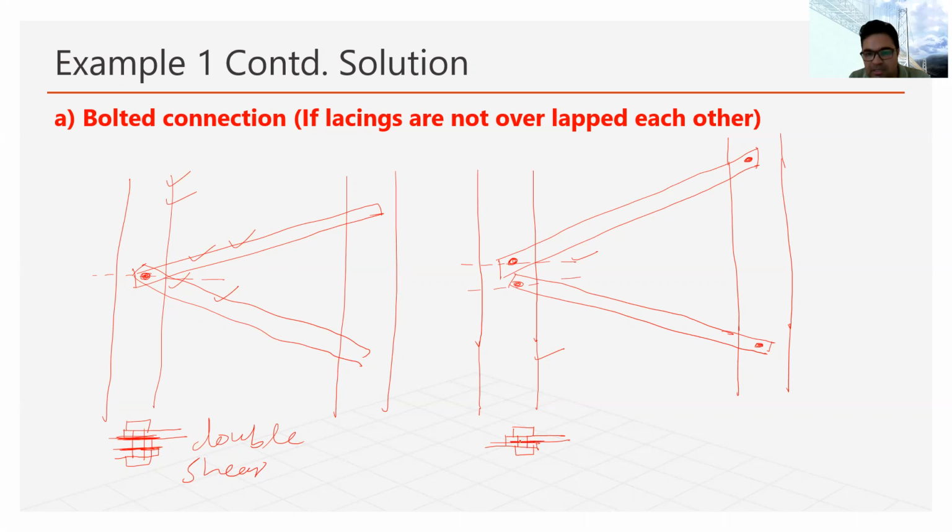So it means in this case, the bolt will be in single shear. And in this case, it is in the double shear. So that is the main difference that will be done here. So that is the case.